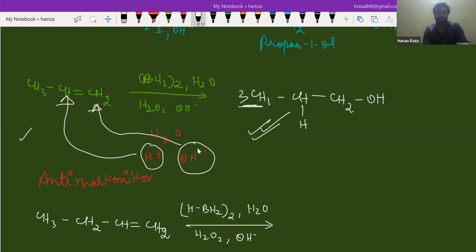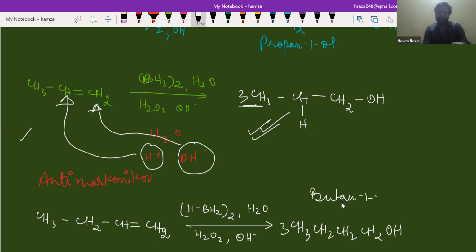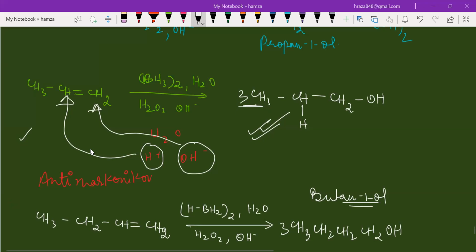CH3, CH2, CH2, and then you can see 3 moles of this. So it is basically propanol, or butan-1-ol? Why do you always call it propanol? I thought there were three carbons, sir. It's butanol. It's 4 carbons.